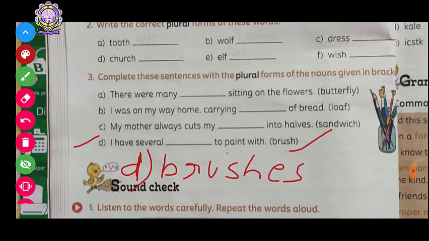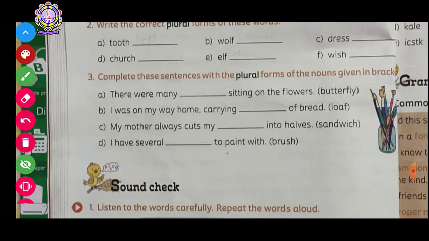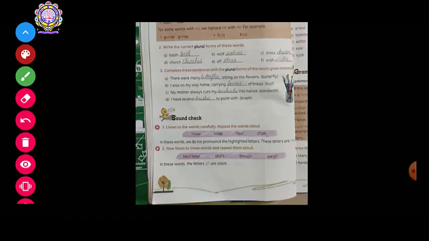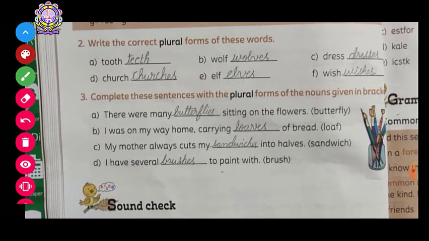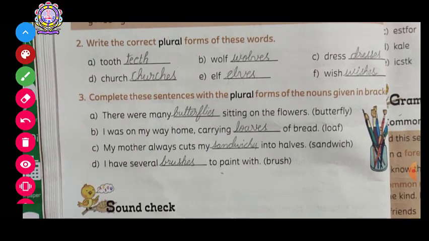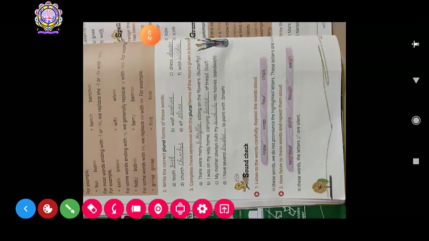Alright. Isn't it? Now if you want, you can take the screenshot now. It's very clear, I think. I've written.